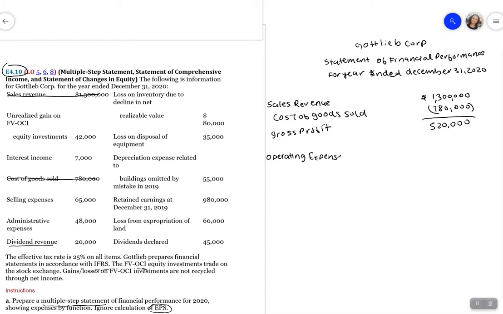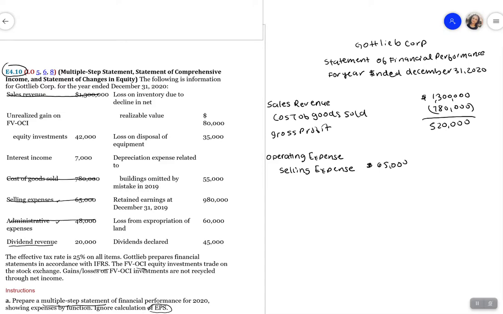If it's a multi-step, we need to see what kind of expenses they have. In this case, we have two types of expenses: selling expenses and administrative expenses. The first one is selling expenses, and that is 65,000. And then this is our first column.